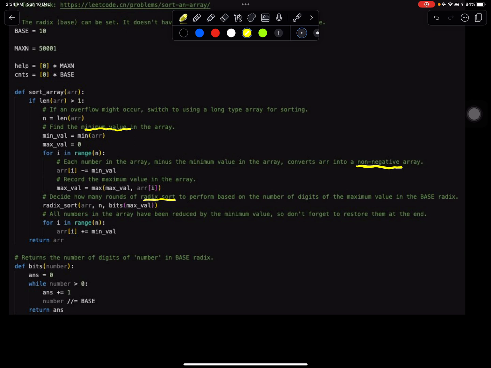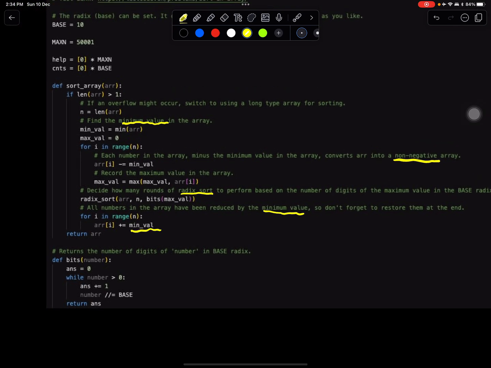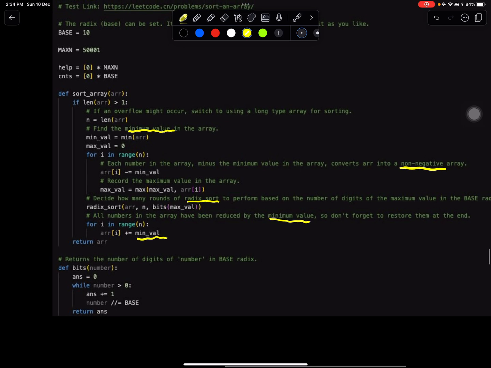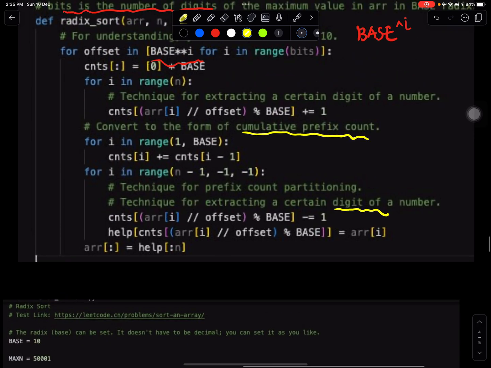All numbers in the array have been reduced by the minimum value, so don't forget to restore them at the end by adding the minimum value back. Return the number of digits of the number in the base radix.